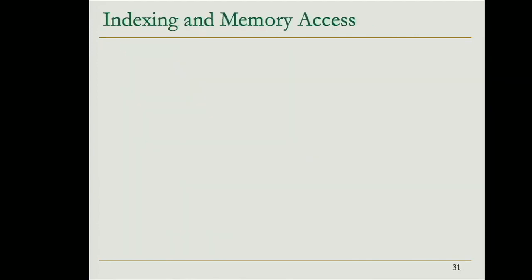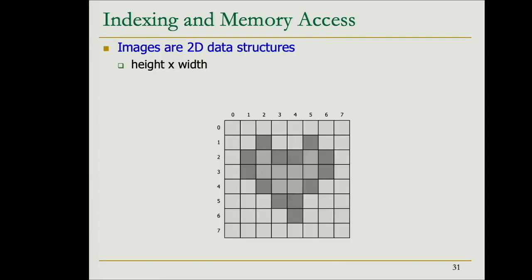Okay, let's start thinking about how we need to map the computation inside our programs by having a running example, simple processing on an image, which is a two-dimensional data structure. As you know, images have a certain height and a certain width. In this case, our image here is 8 by 8 in size.